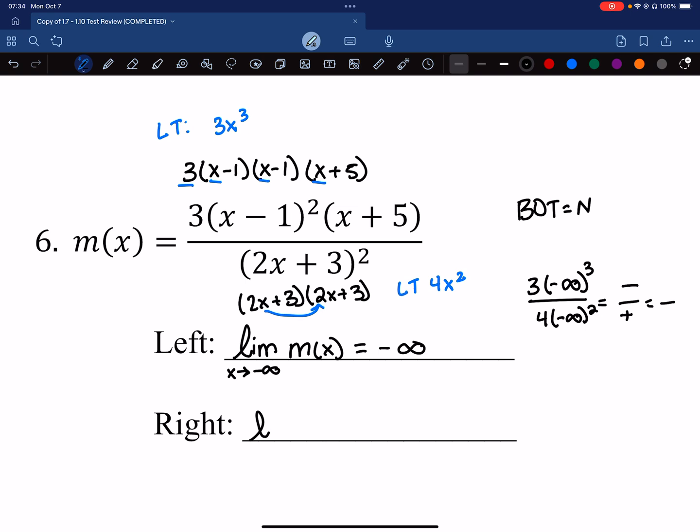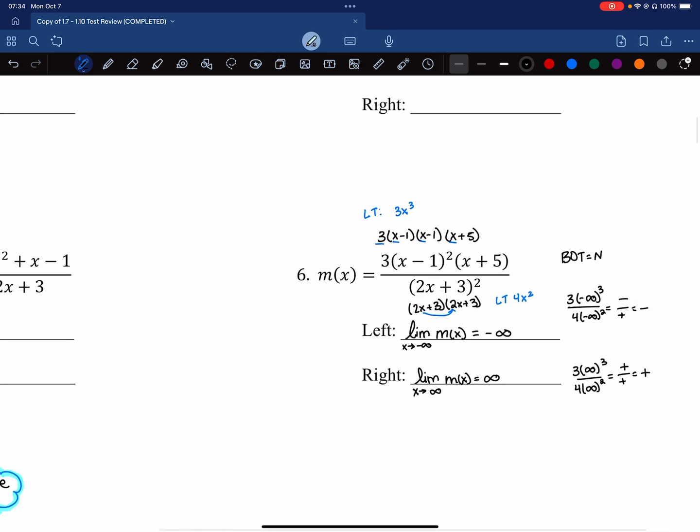If we think about the right side, that would be as x is approaching positive infinity of m of x. We would think about plugging in positive infinity. That would be a positive on top, a positive on bottom, which overall equals a positive. So this is going towards positive infinity.